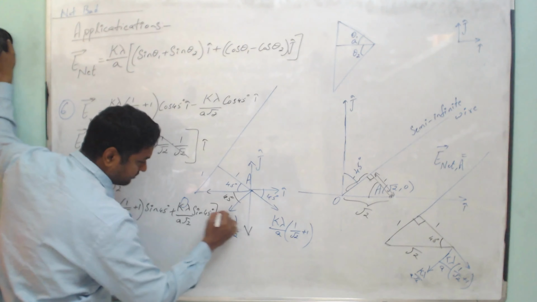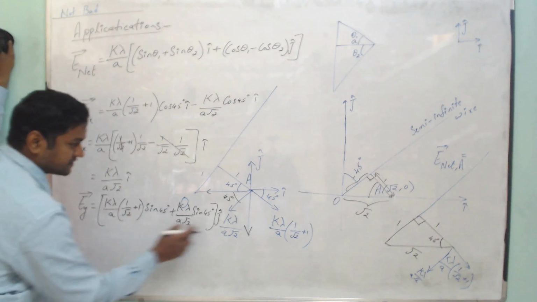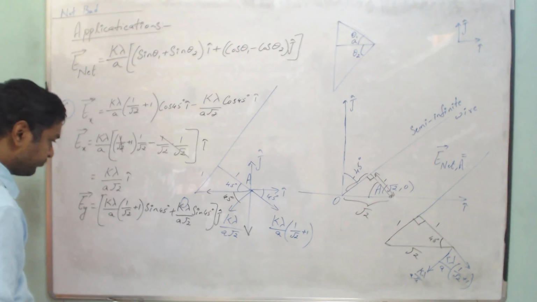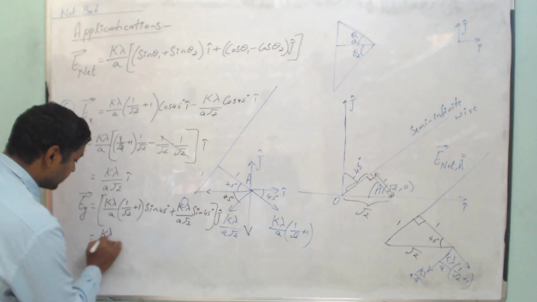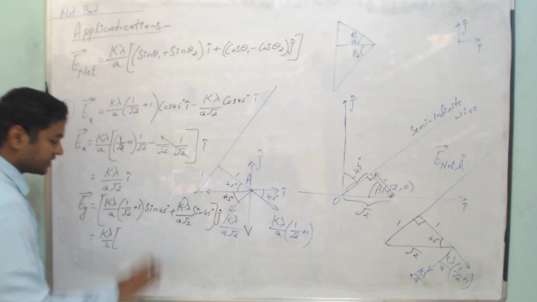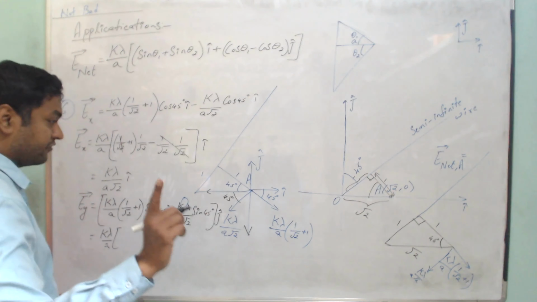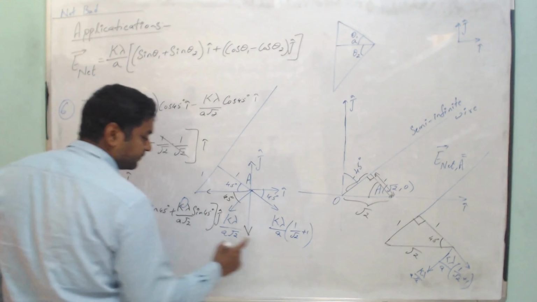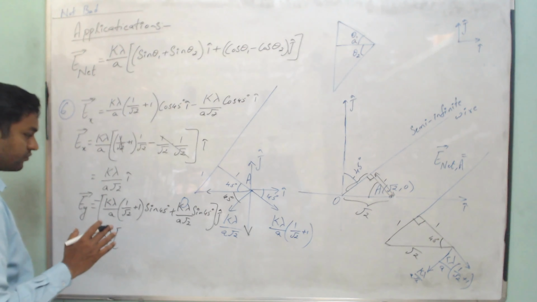Entire thing J cap. It will be a plus sign because both components are adding to each other. So here, I'll take K lambda by A common. I cap also I'll take outside, J cap also I'll take outside. And one important thing is this entire thing is negative because it is downward. Minus J cap for everything.